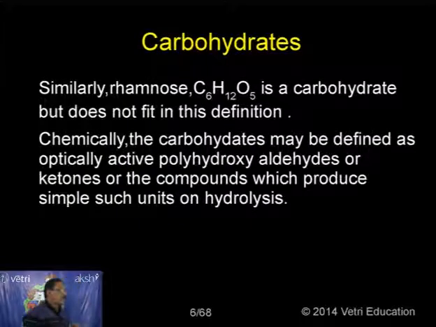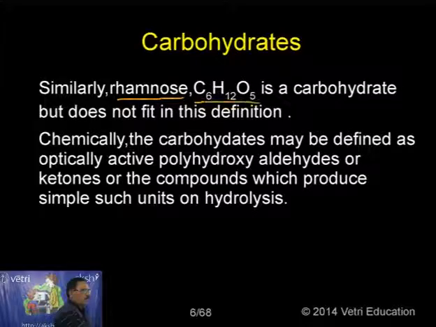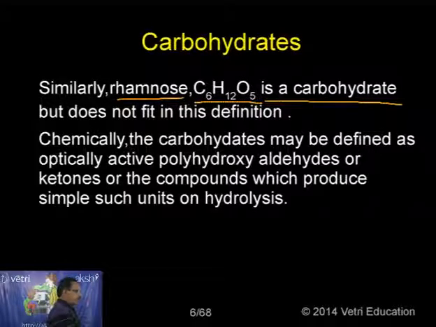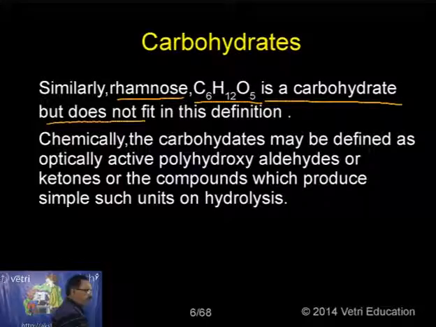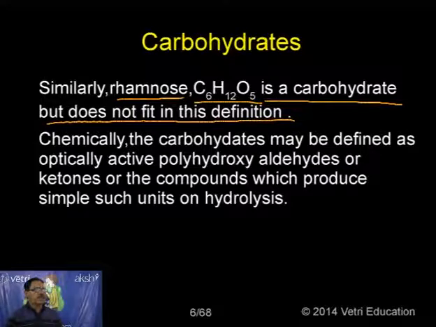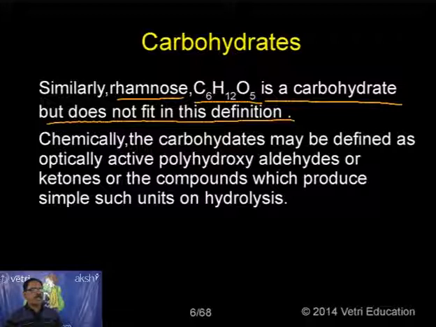The next one. Similarly, another important piece of information: rhamnose, another carbohydrate with the formula C6H12O5, is a confirmed carbohydrate, but it does not fit into this definition, because it does not obey the CxH2Oy formula.